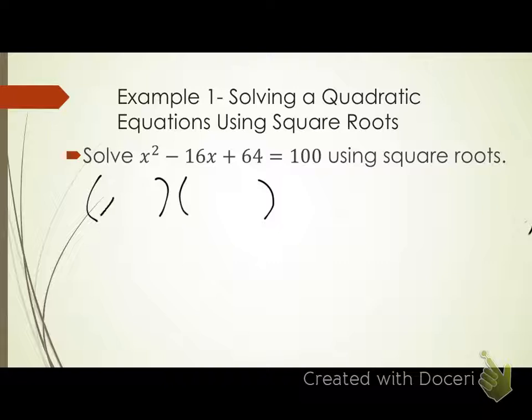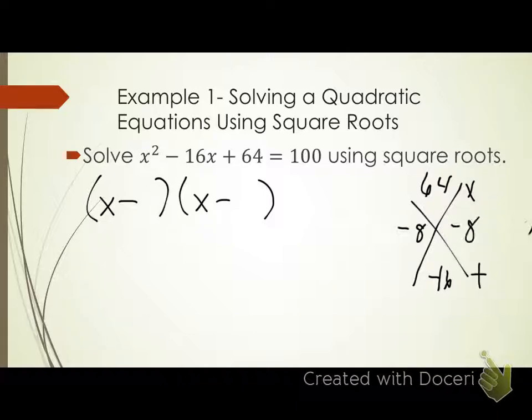I have my two sets of parentheses, my variable, my signs are minus, minus. And I was looking for two numbers that multiplied to give me 64, added to give me negative 16. What are they? Negative 8, negative 8. So that's how we got x minus 8 times x minus 8.